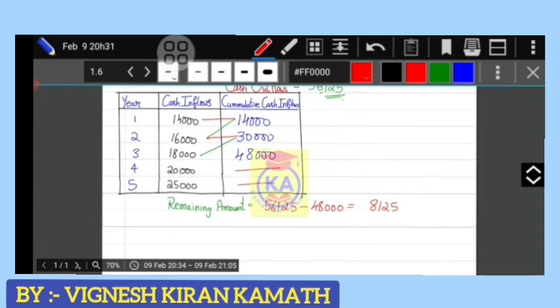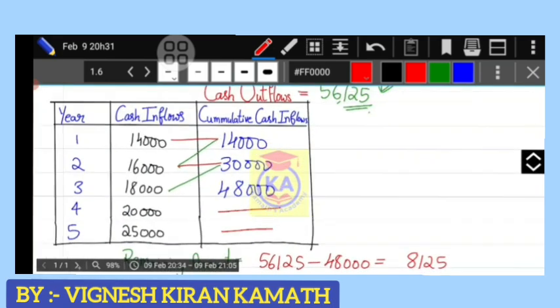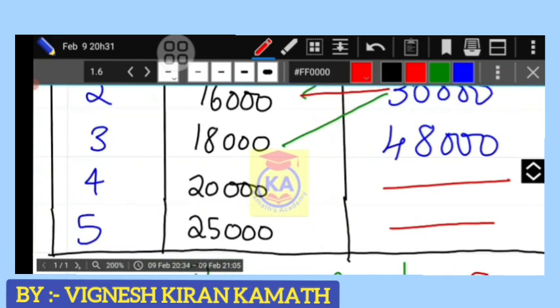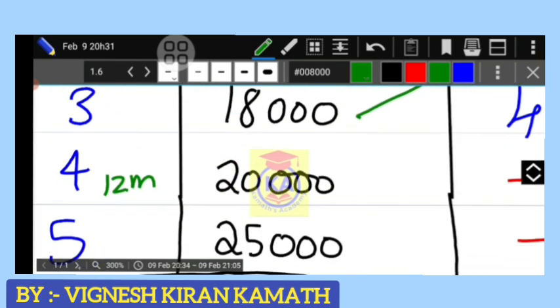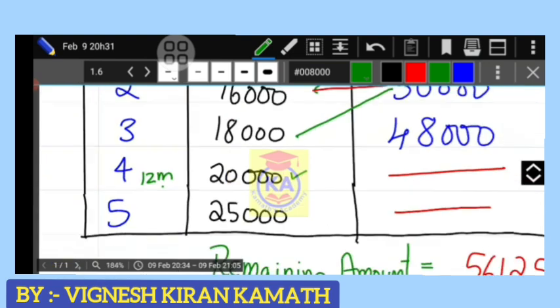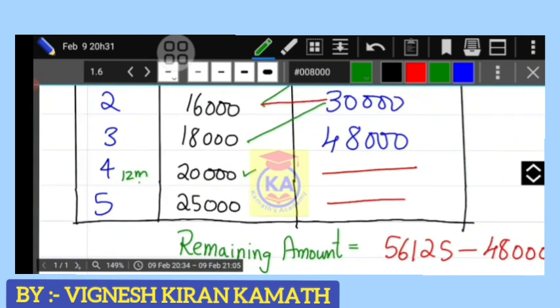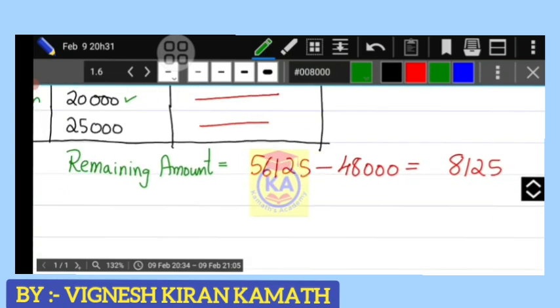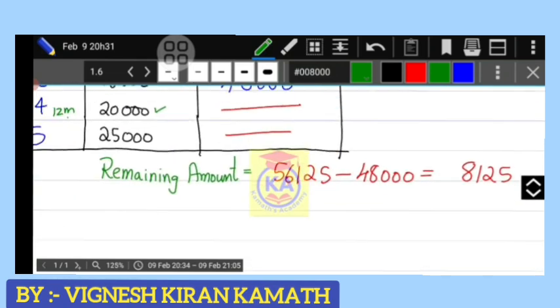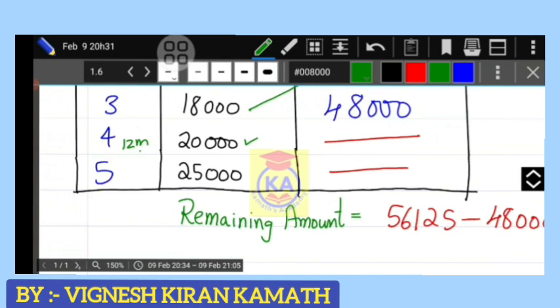Now look at this table. In the 4th year, 4th year means 12 months, 1 year, right? In 12 months I'm getting 20,000 as cash inflows. Actually we want 8,125, but in the 4th year we are getting 20,000.